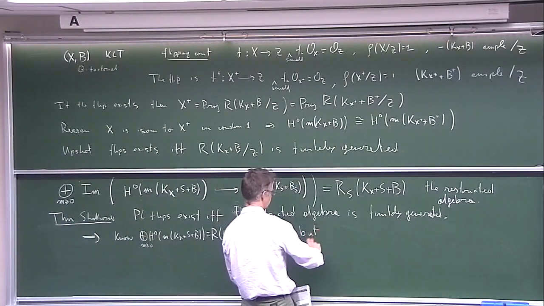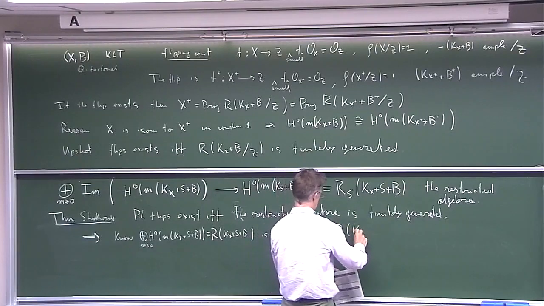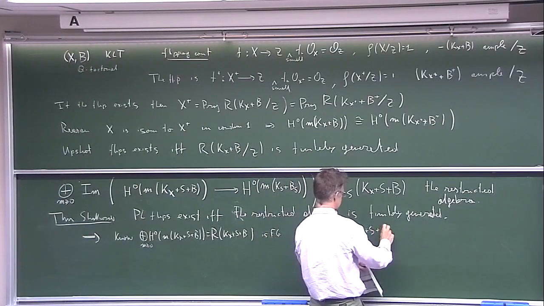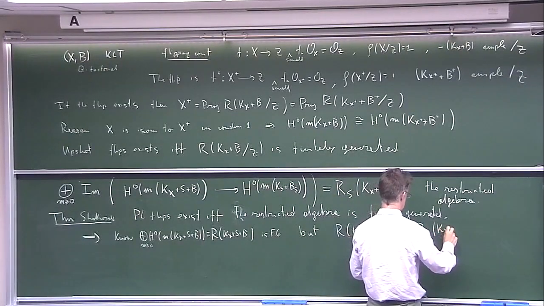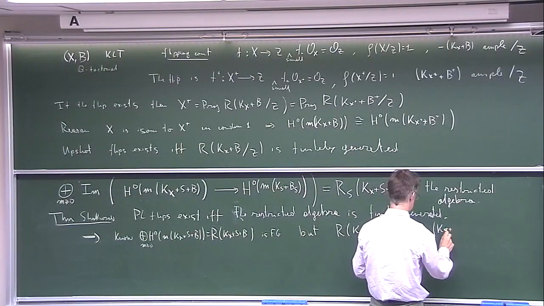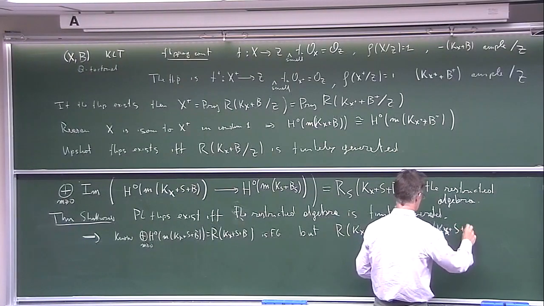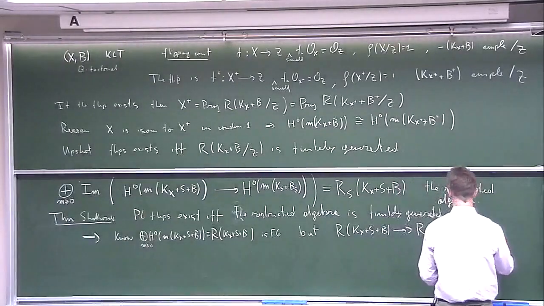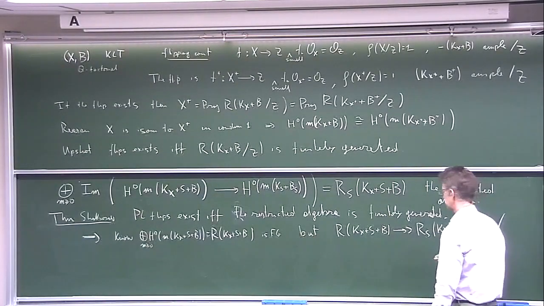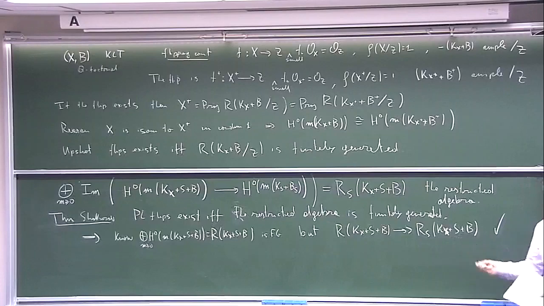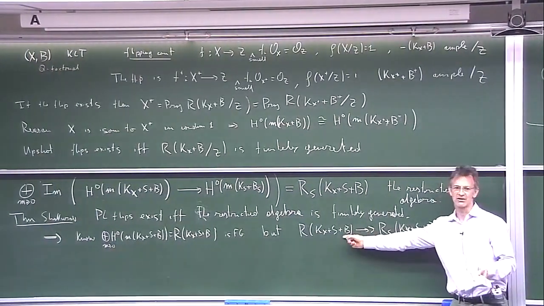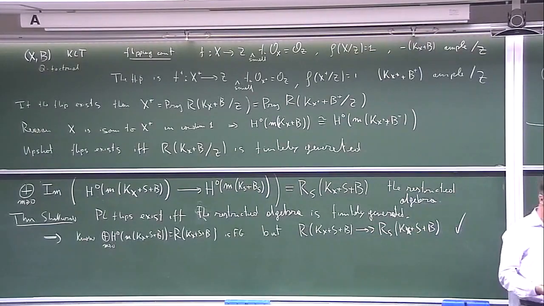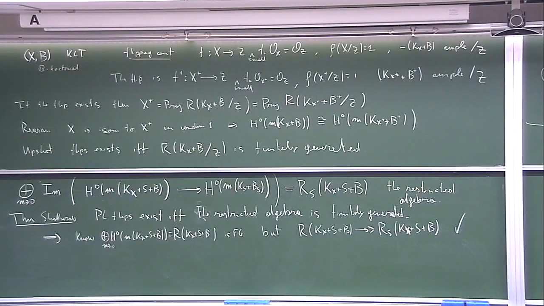But by definition of the restricted algebra, we have a surjection onto the restricted algebra. So we're done, right? Because if this is finitely generated, then whenever you have a surjection, the target is finitely generated. Just take the generators of this guy and push them forward.